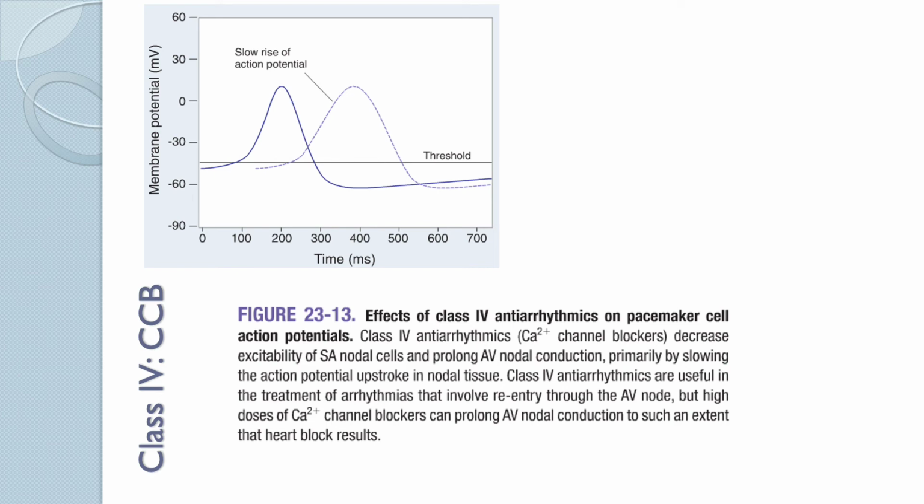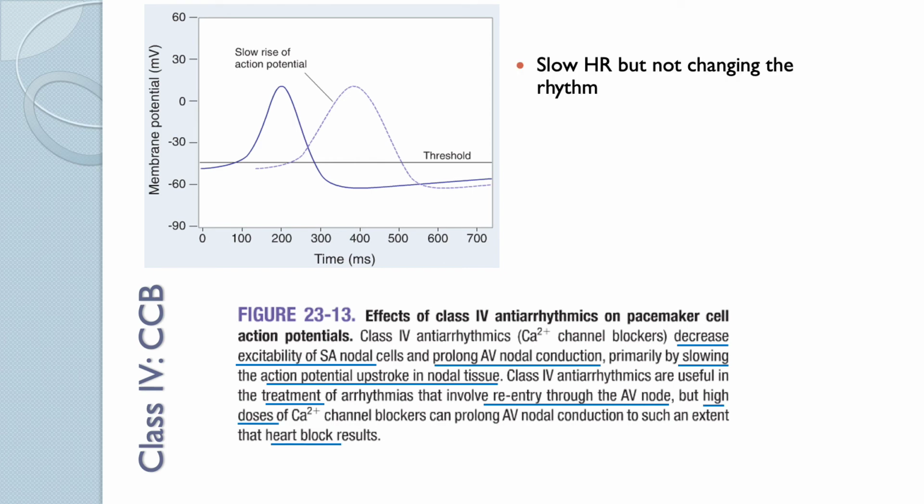So again, similar to beta blockers in a way, because it actually reduces the cardiac myocytes' oxygen requirement as well, right? Therefore it decreases the excitability at the SA node. So it reduces the heart rate but does not change the rhythm. It's still the same pattern, right? We talked about the cardio-specific one, which is verapamil, and a little bit on diltiazem.